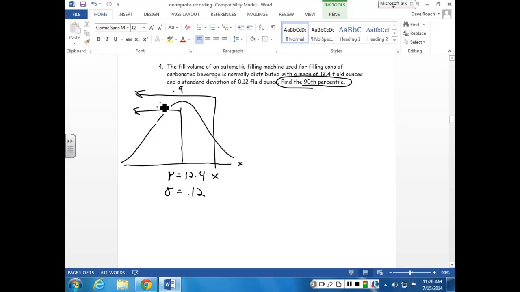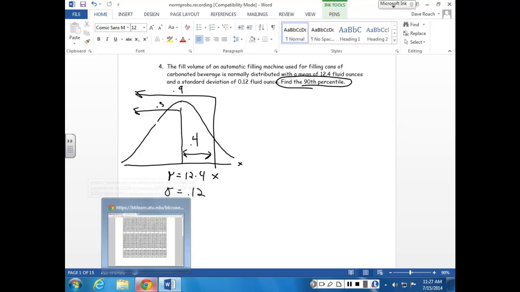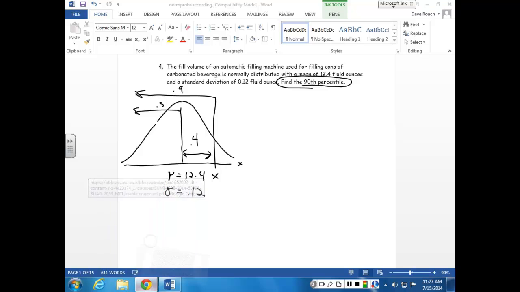Okay, we know that's 0.5. So what we know is the area in this part is 0.4. Okay, that's just the 0.9 minus the 0.5. So now what's going to happen, instead of going along the edges of the Z table and looking up an area, we have to find an area in the center of the table and back our way out to a Z. And we're looking for 0.4.